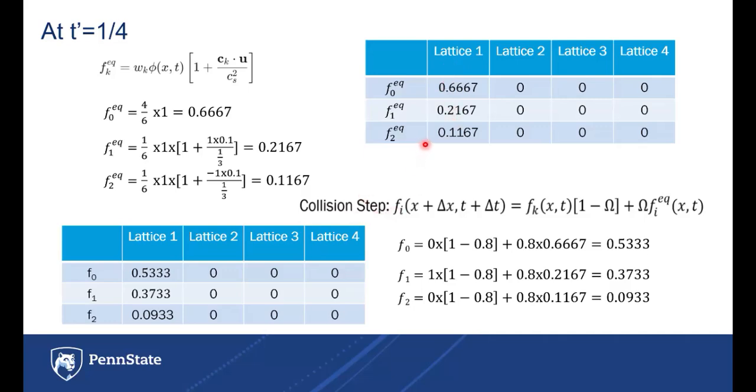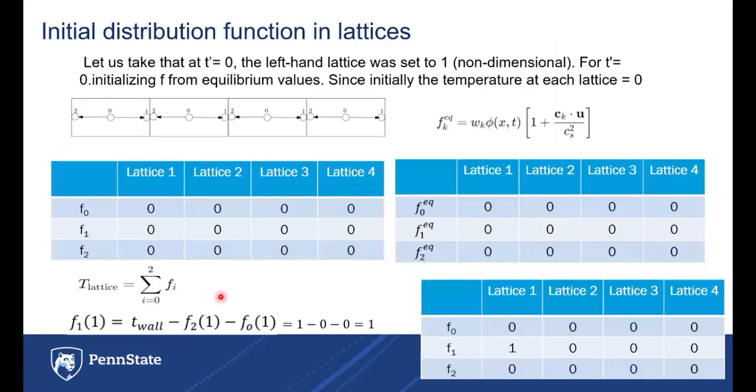And then we perform the collision for each lattice. The FK here means the distribution of the last step. In our case, the previous slice is 0, 1, 0.